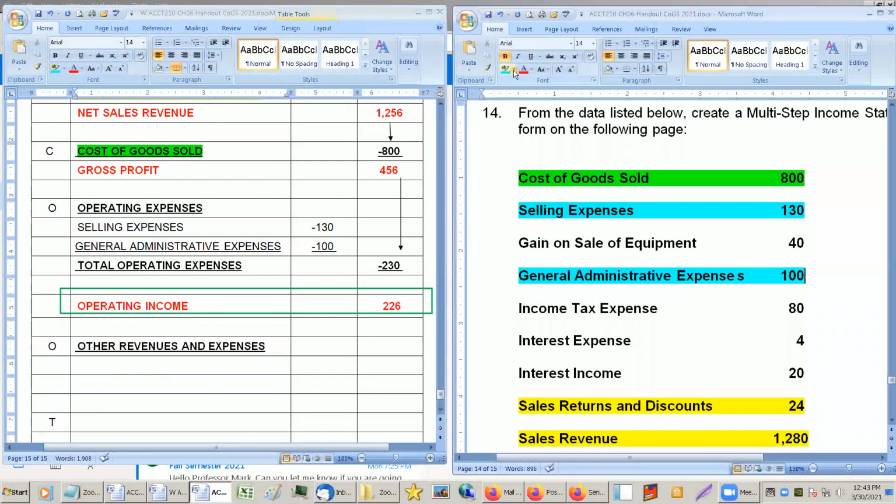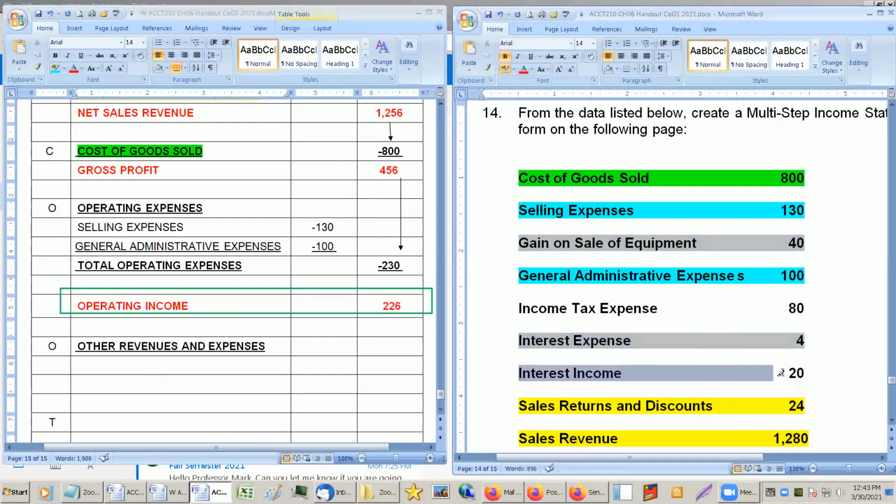They are part of the business, they're just incidental to it. And the gain, interest expense, and interest income are all part of it.